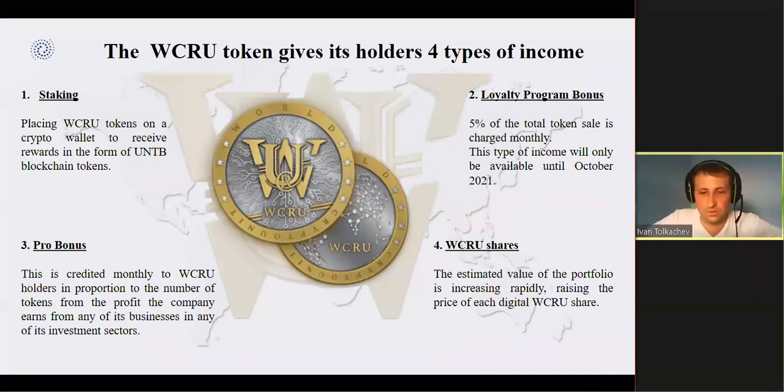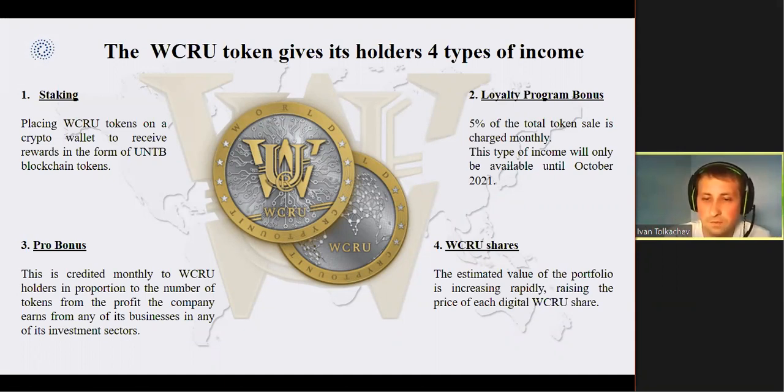So you can freeze the tokens and they generate blockchain tokens. The second type of income is the loyalty program bonus. 5% of the total sales of WCRU tokens is distributed to the WCRU holders. This type of income will be available until October 2021, and it is still in effect.